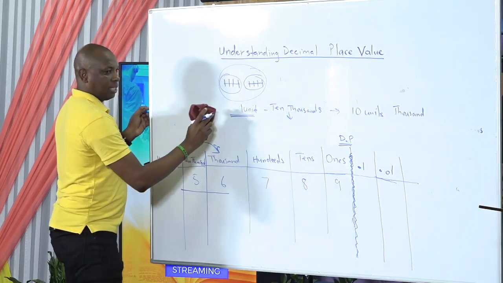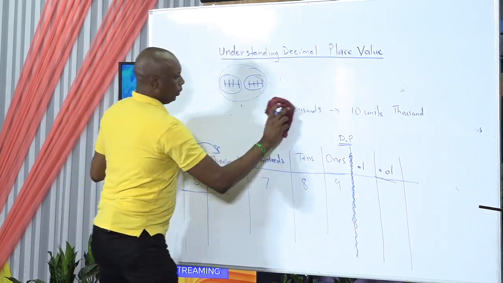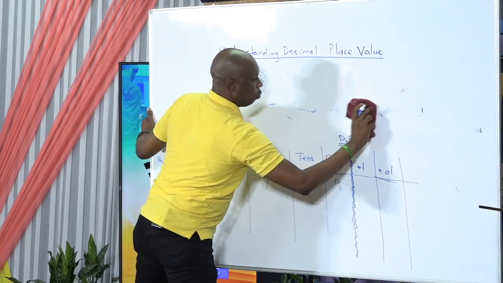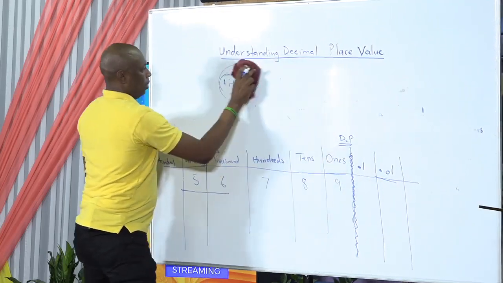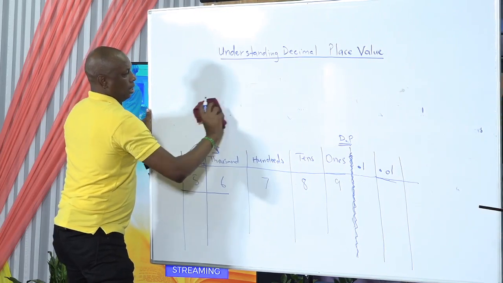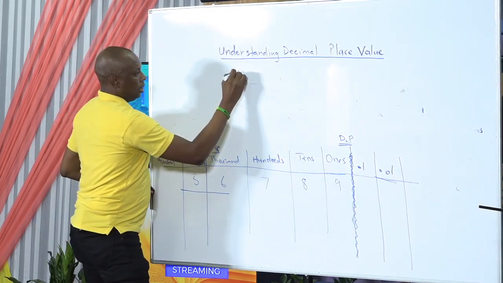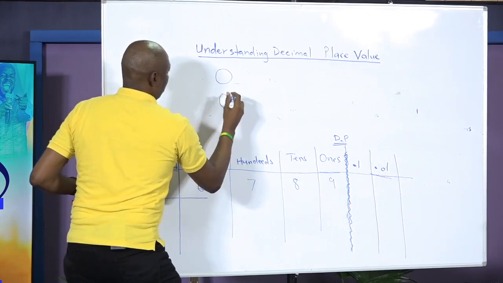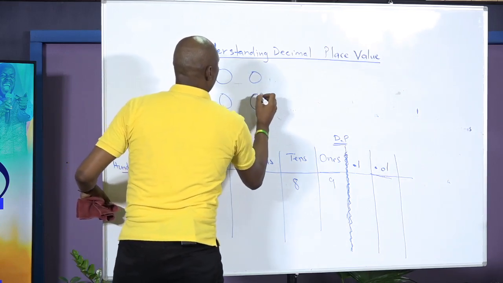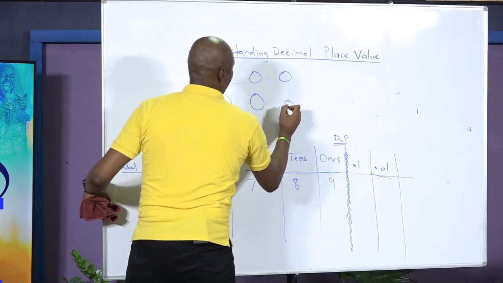Now the question is asked, how did we get the point 1? So I could put, I'll call these slices of bread.